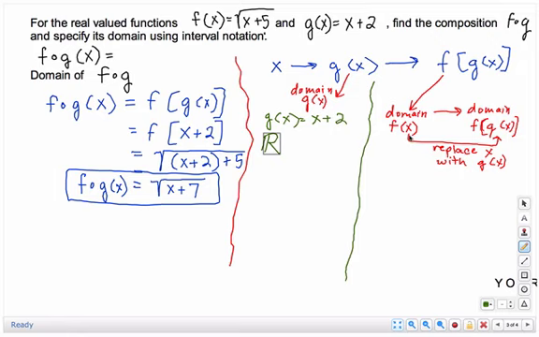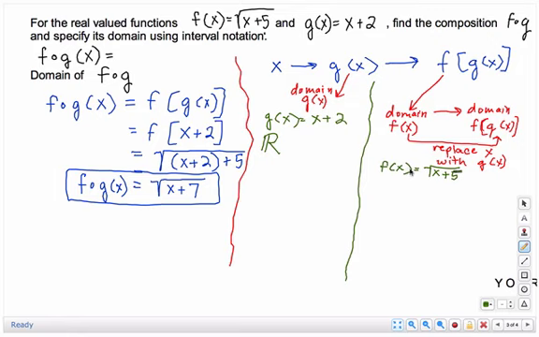Now, the domain of f of x, let me look at f of x, sorry. I just got thrown off a little bit.